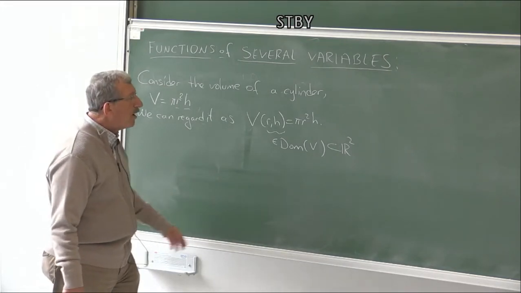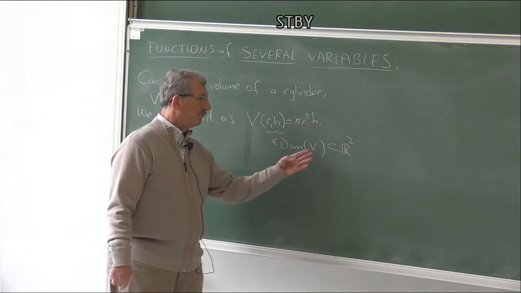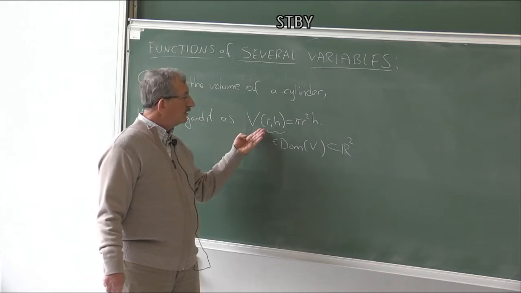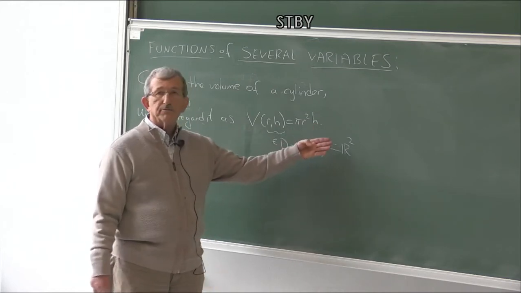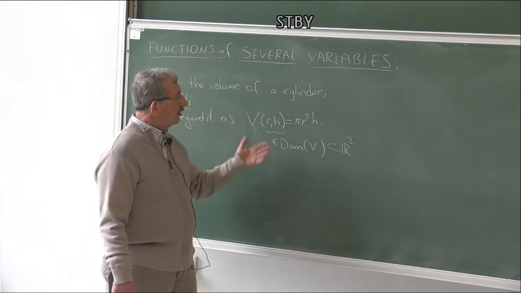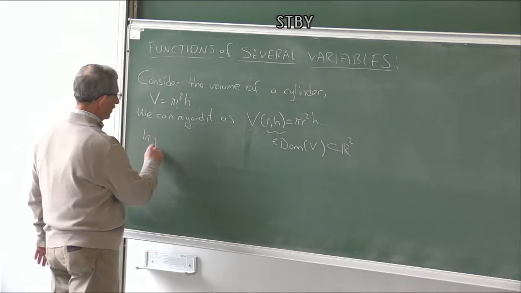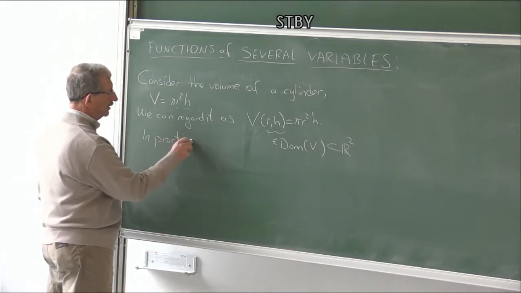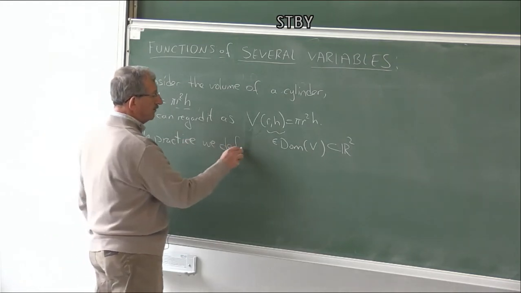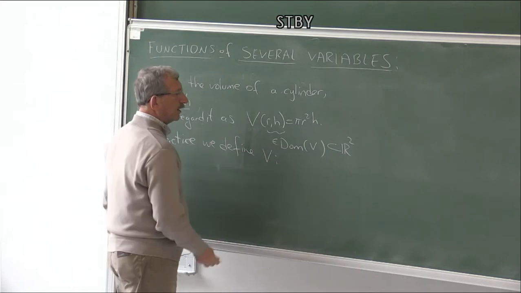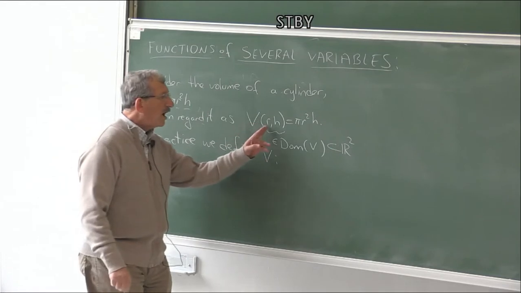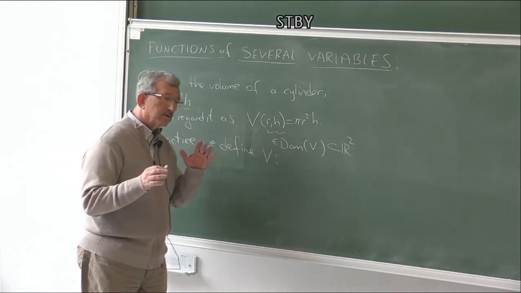Now, what's the domain of V in this example? Can we put any r or h in this function? Well, we can, of course, but if h is negative, we will get a negative result, which does not make sense. So, in practice, in geometry that is, we define V not from all of R2, but where r and h are not negative.